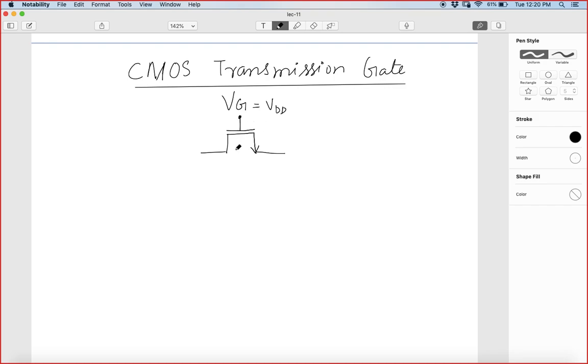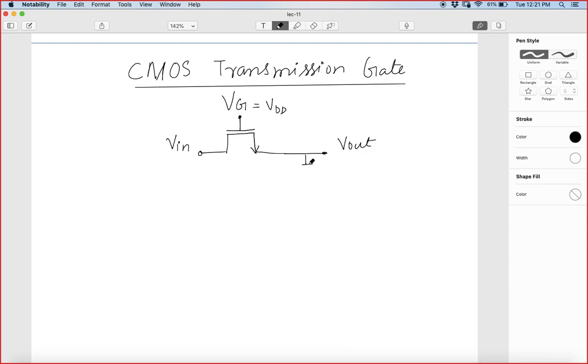So the switch is off whenever VG is 0, and whenever VG is equal to VDD, the switch is on. So if I apply some input here, I'll get some output here, V out.